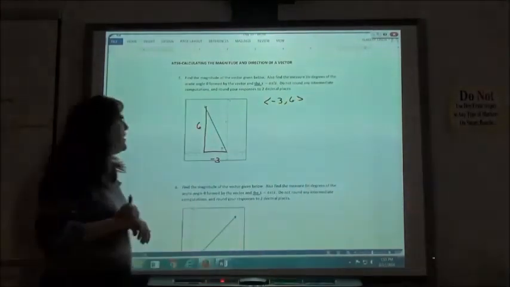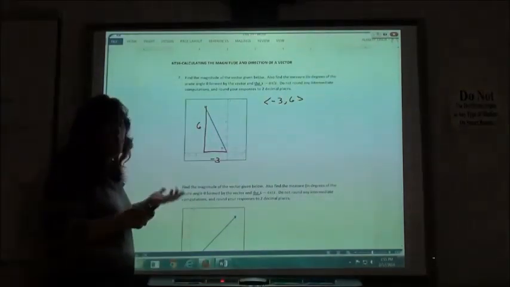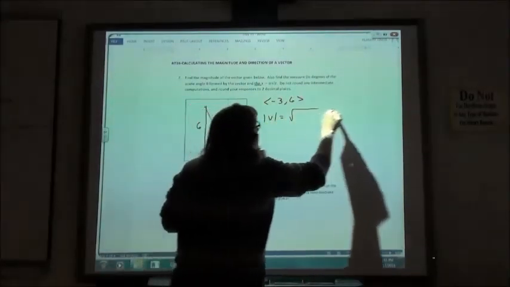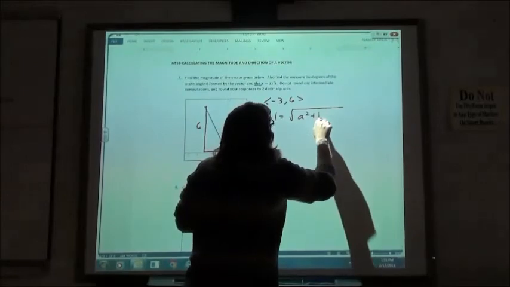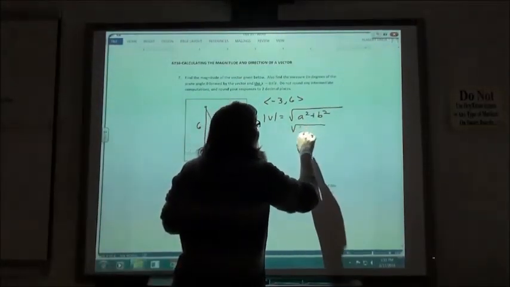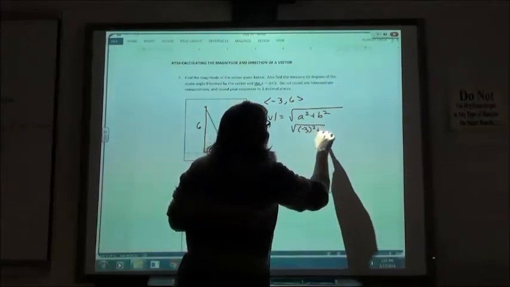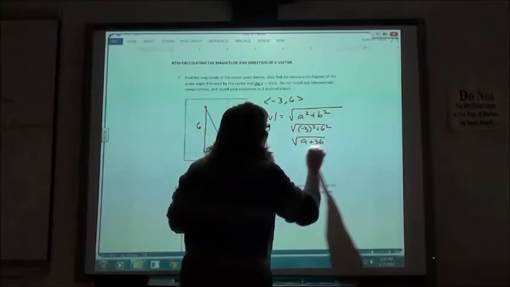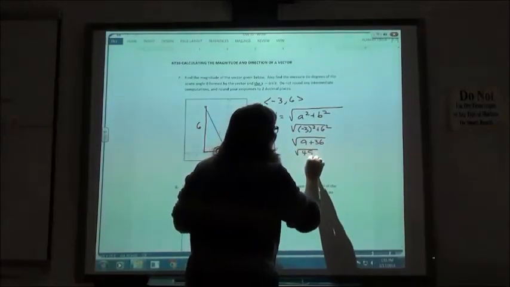We said to calculate the magnitude of our vector, we're using the Pythagorean Theorem, and we said the magnitude of the vector was the square root of a squared plus b squared. And so we're going to take negative 3 squared plus 6 squared, which gives me 9 plus 36, which gives me the square root of 45.